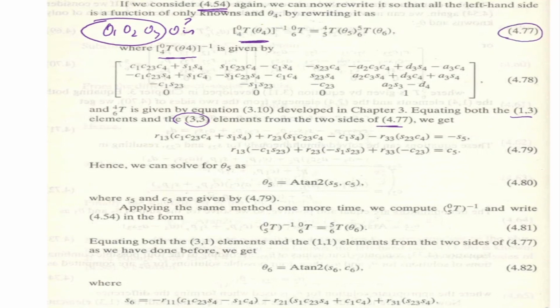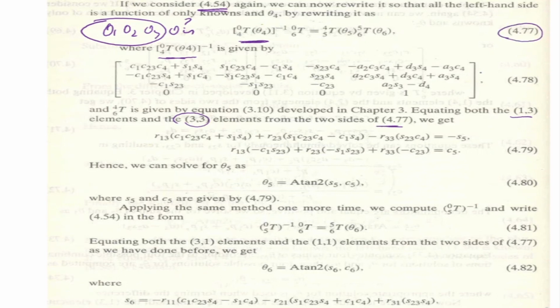Now if you consider this equation again, 4.54, what happens if I take 0 4 on the left hand side? Then it has theta 1, theta 2, theta 3 and theta 4. These three are known now, so there is only one unknown. So what I can do is multiply with this, and equate both the 1 3 elements and the 2 3 elements from the two sides of 4.77, from this equation.